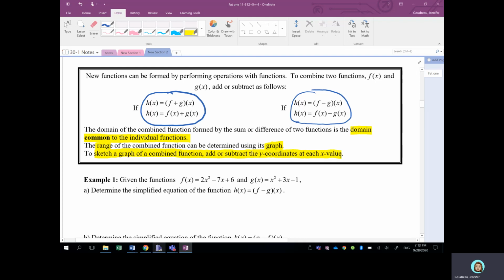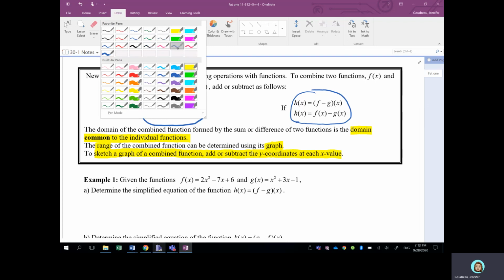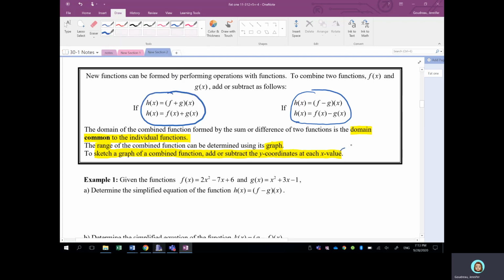My suggestion is to do exactly what we did above, and that is to make a table of values, get the y values for one function for your f at x, get your y values for g at x, and then take those y values and either add or subtract to get the y values for h at x.